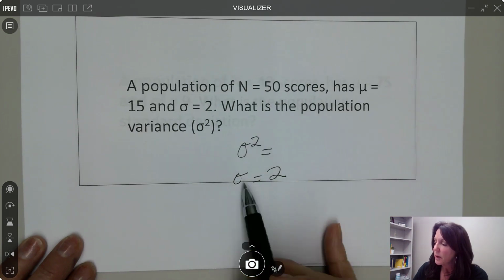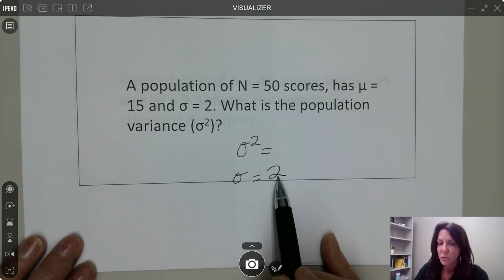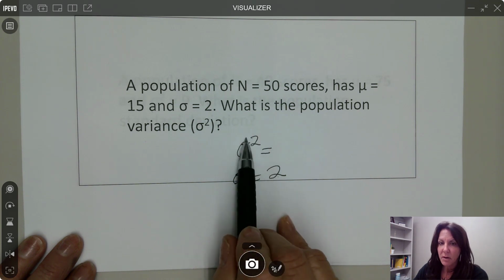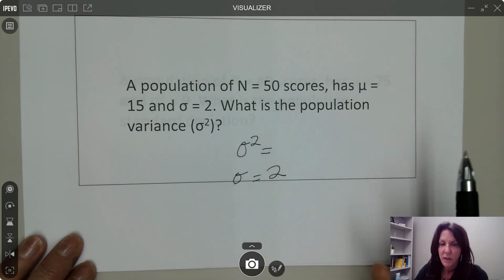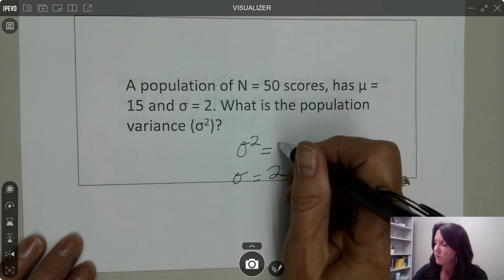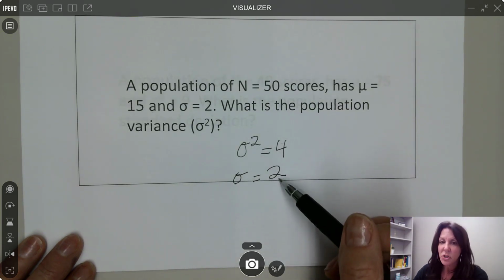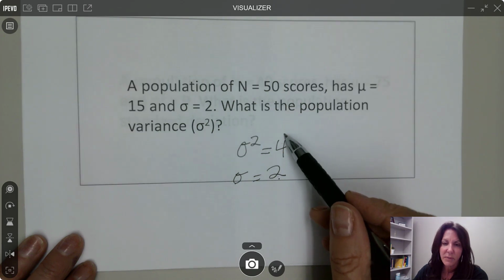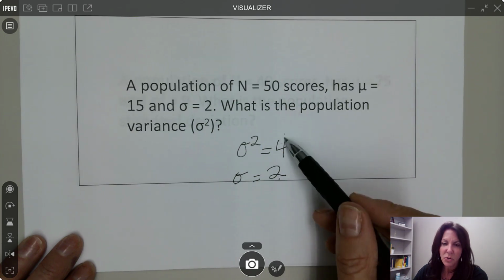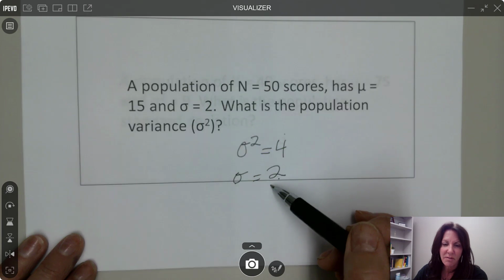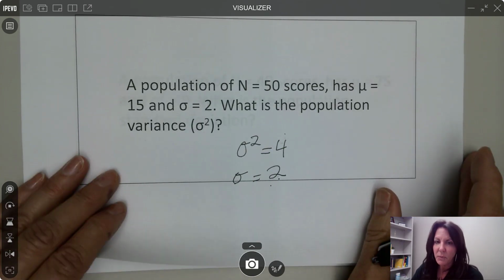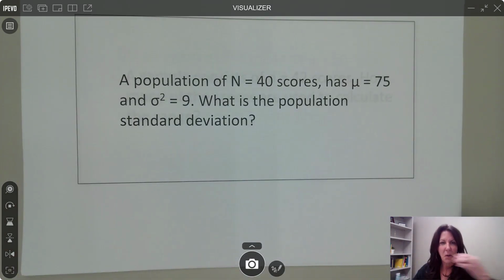So sigma is equal to 2. So sigma squared must be equal to, what do you think? 4. So if I know the standard deviation, I can just square it to get the variance. If I know the variance, I can just take the square root to get the standard deviation. So these questions don't really require any calculations, really.